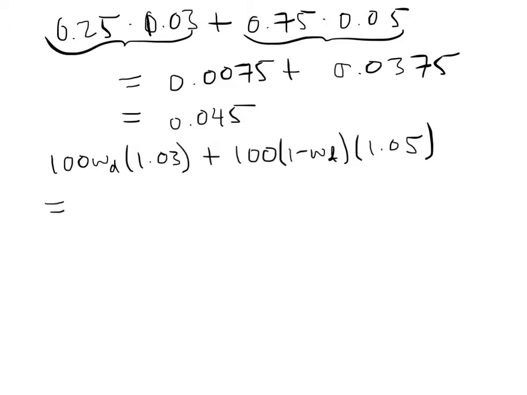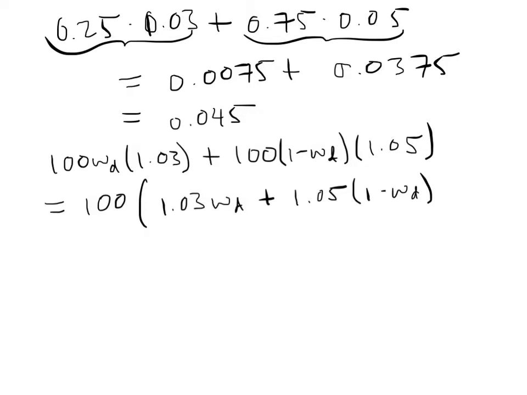And so it turns out, if I factor out the 100s, that's equal to 1.03 times omega d plus 1.05 times 1 minus omega d, or omega sub e, which is just the weighted average of the two returns.